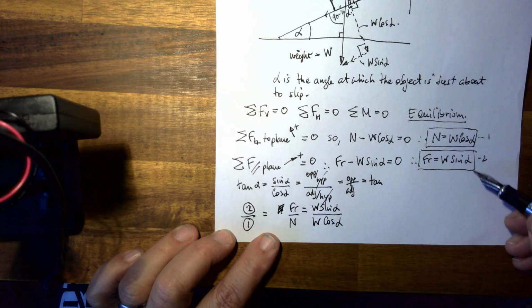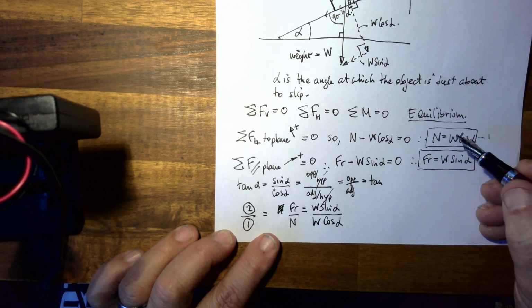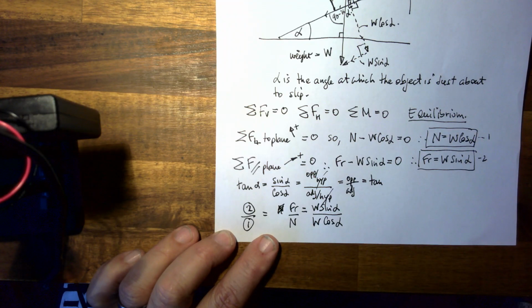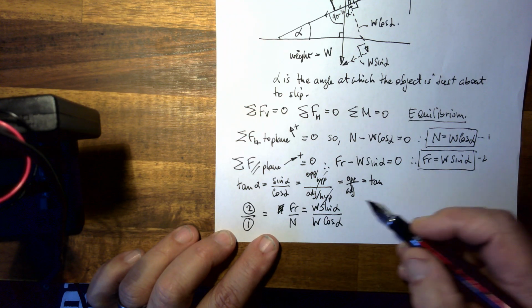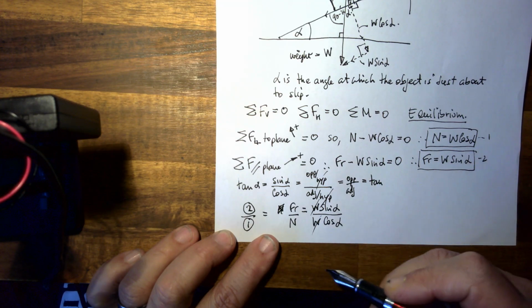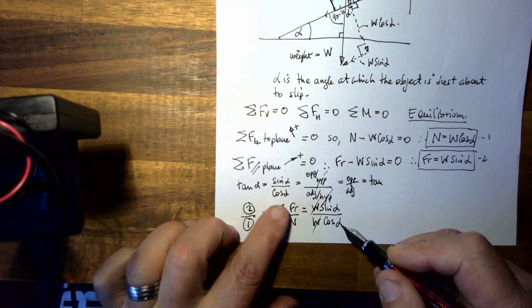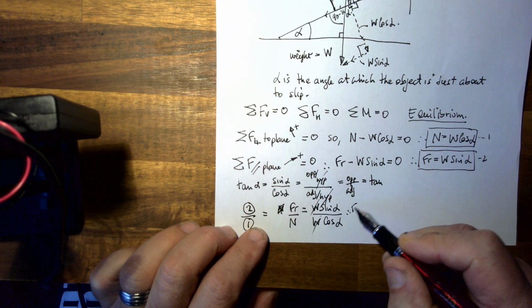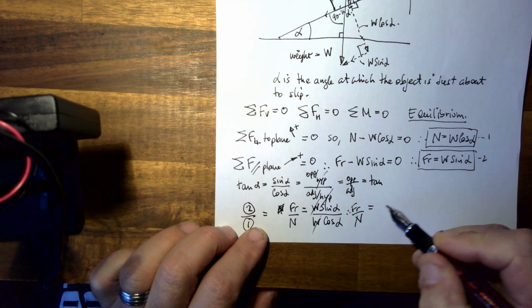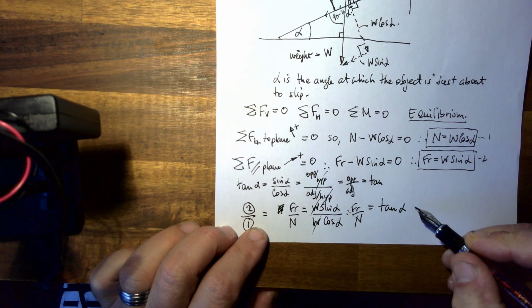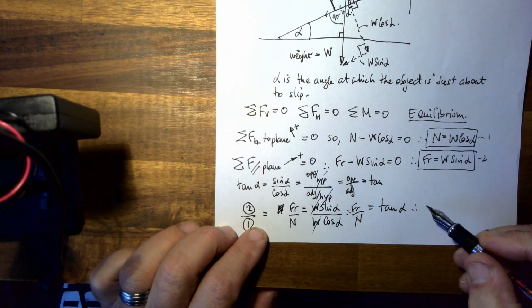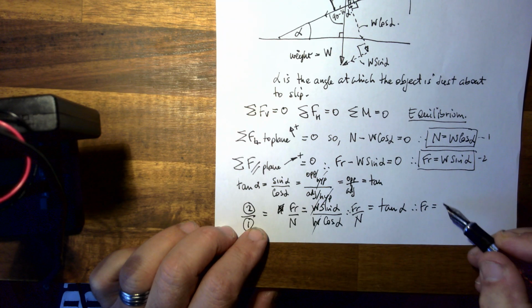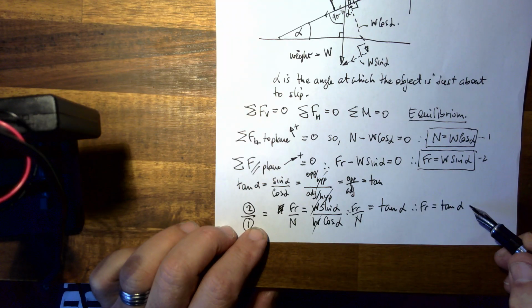I've just divided these two equations together. They are both true, and if you divide a true thing by a true thing, you still get a true thing. The W's will cancel out. Sine alpha divided by cos alpha is simply tan alpha. So therefore, FR divided by N equals tan alpha. And if we make FR the subject of this equation, FR equals tan alpha times N.